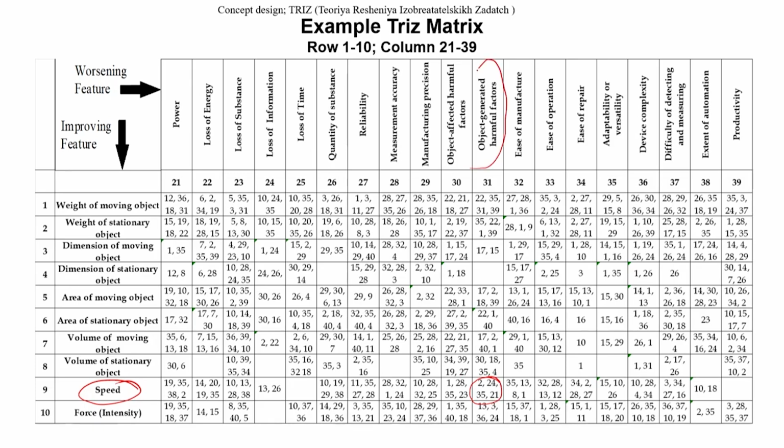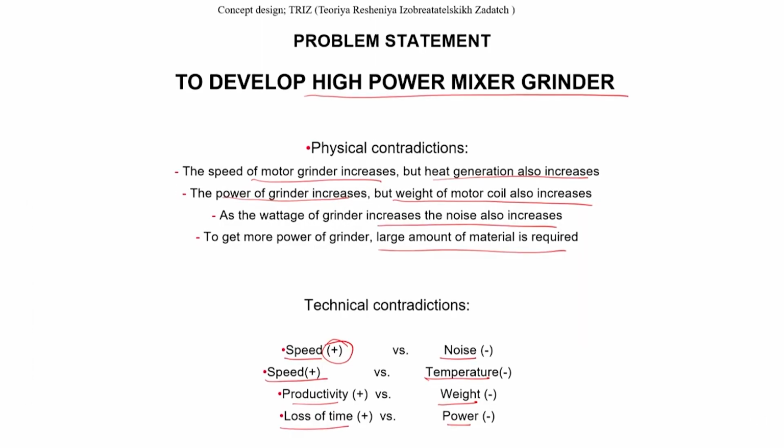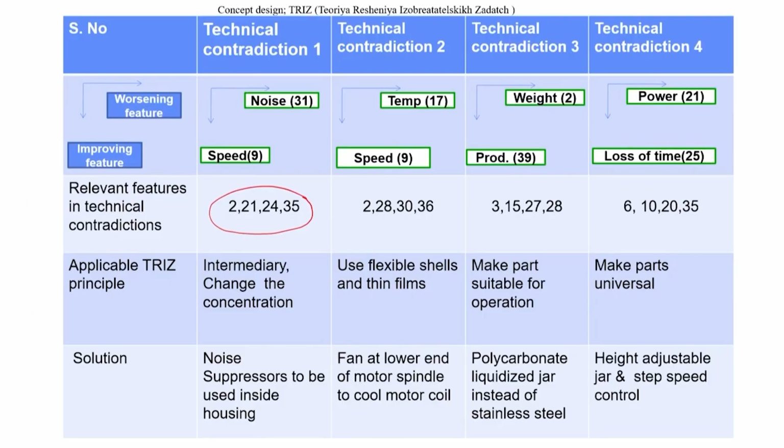That is what we have seen. The worsening feature is object-generated harmful factors like noise and temperature, etc. So, 2, 24, 35, 21, and then if I look at it again, some of them talk about intermediary, use of intermediary. We have just seen it in this lecture. Then change the concentration, parametric change. Okay. So, these are different types of principles.